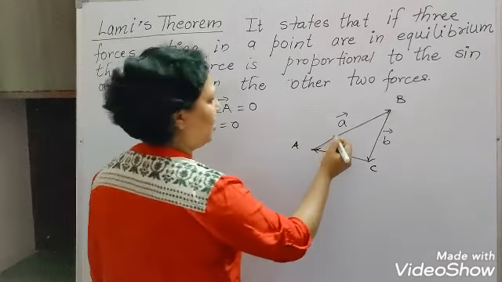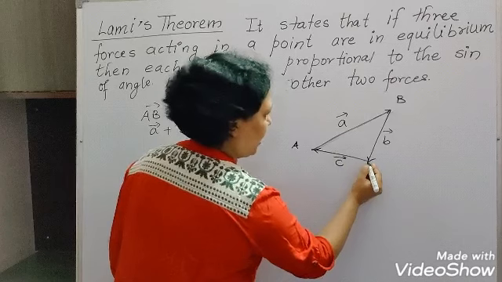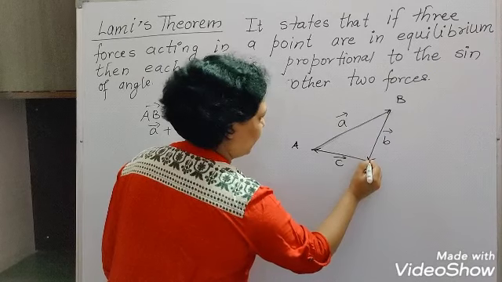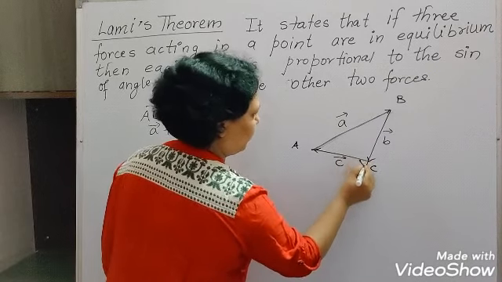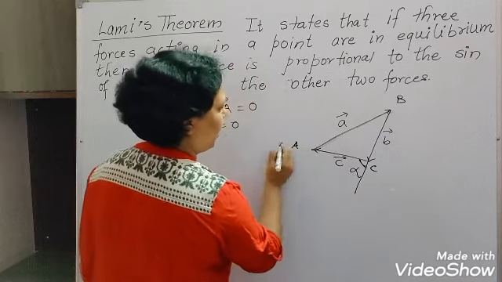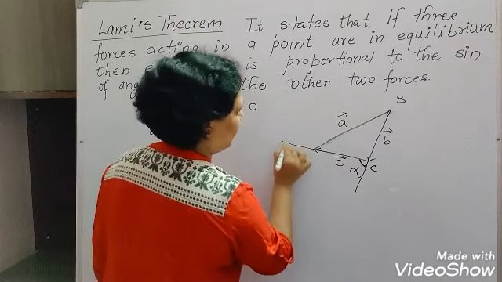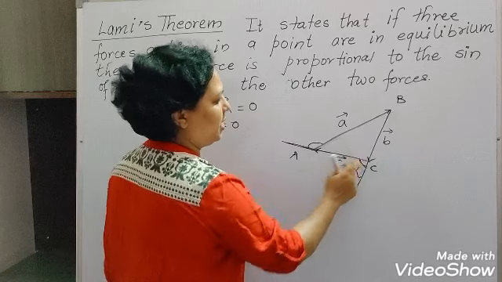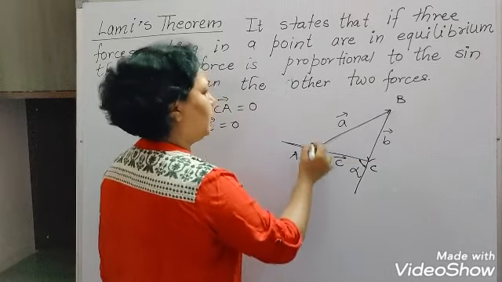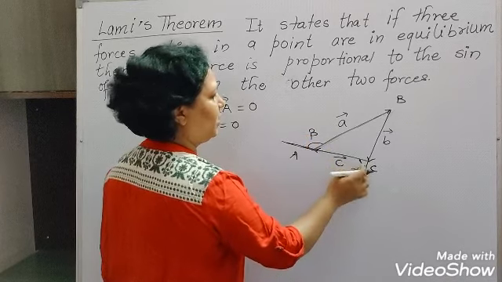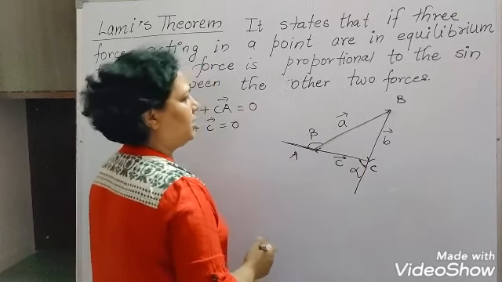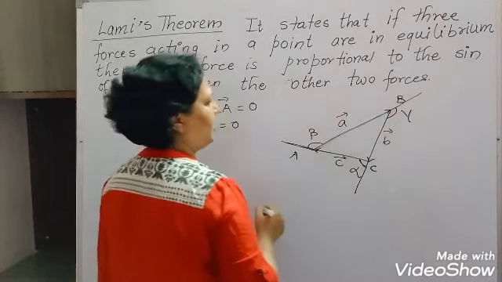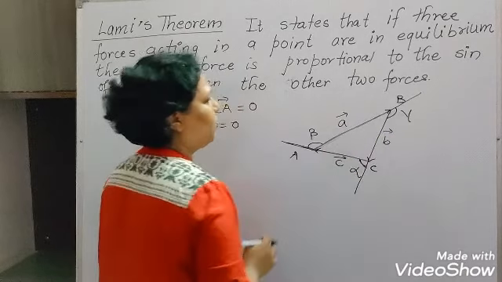Suppose this is the force A. If I extend this line, the angle between the B and C vectors is alpha, this beta is the angle between the C and A vectors, and this gamma I am taking is the angle between the A and B vectors here.